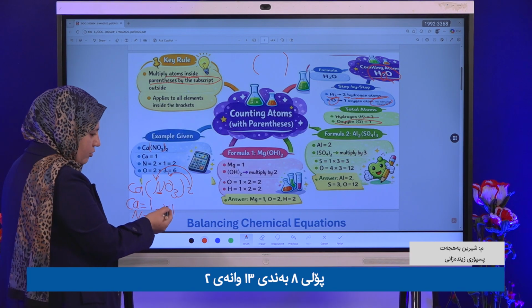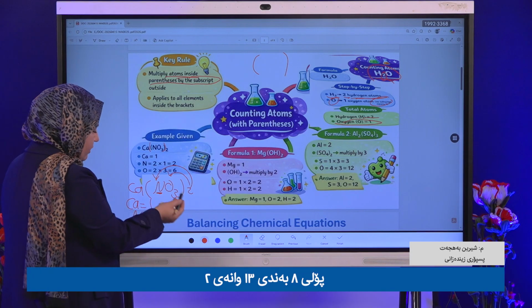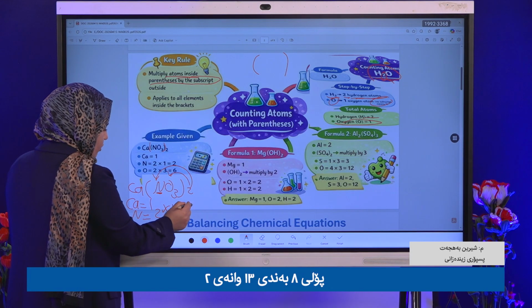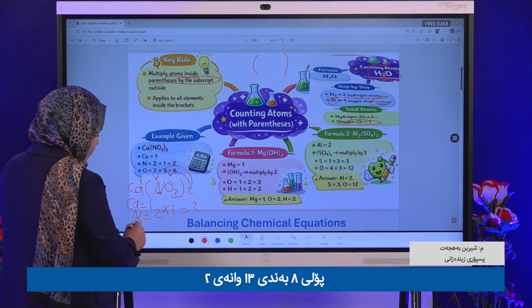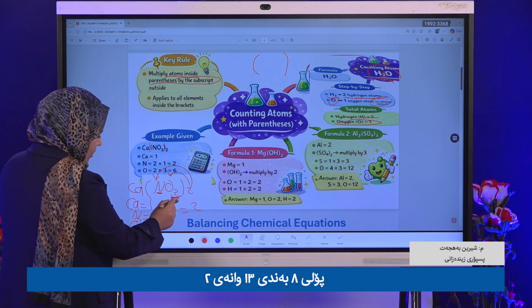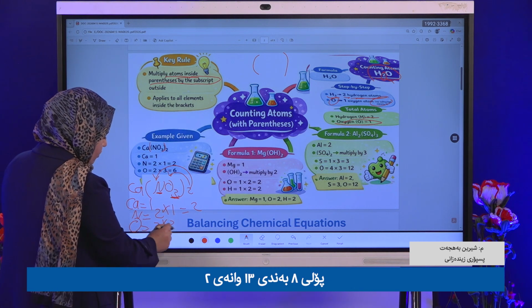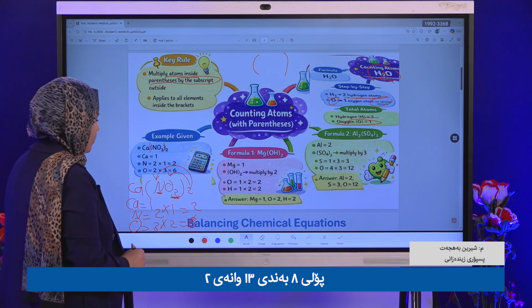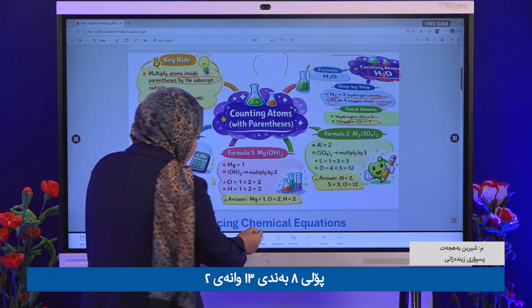How do you know where the 1 is? Because there is nothing, that means it's 1, as I said before. So nitrogen is 2. What about oxygen? Oxygen is 3 times 2. It will be 6. Clear?